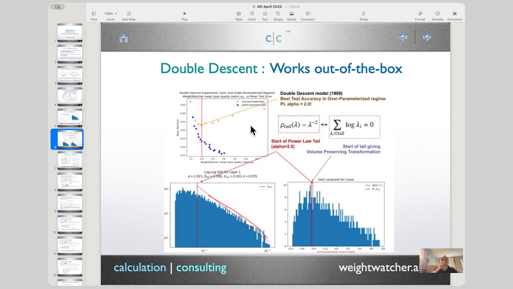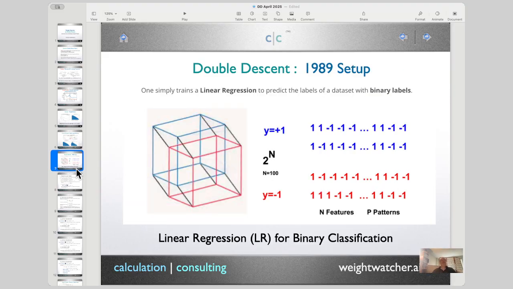So what's going on here? Let's see what the original problem is and why this works. In the original problem, you train a linear regression to predict the labels of a data set with binary labels. Now, think about what goes on in a layer of a simple neural network, like a multi-layer perceptron.